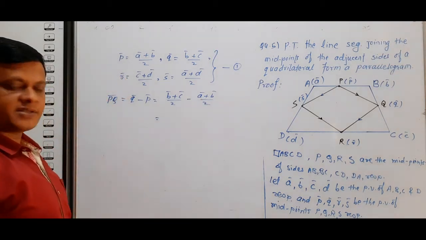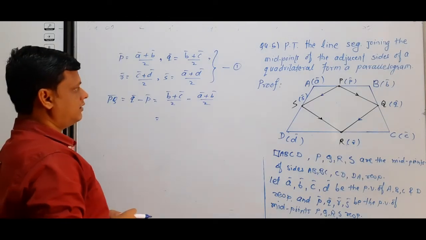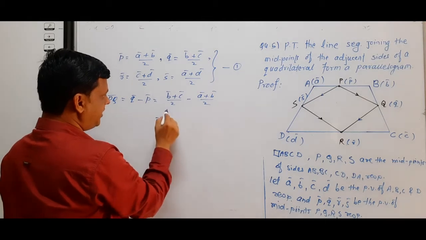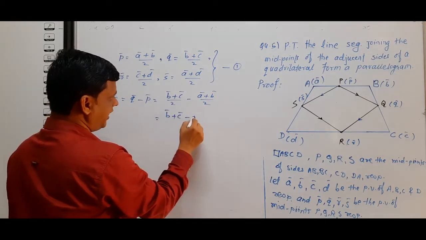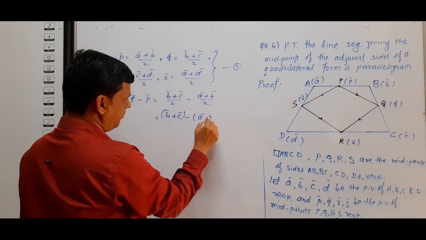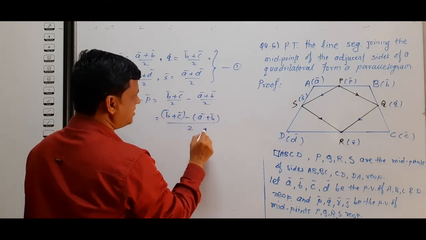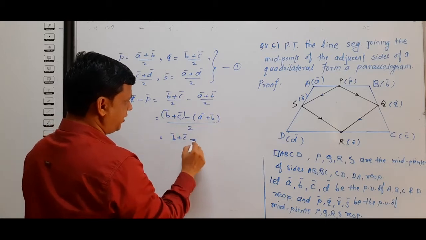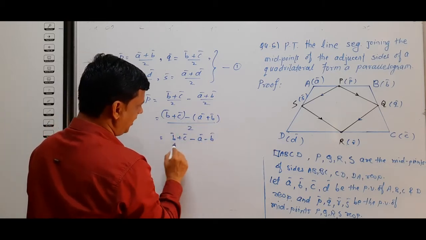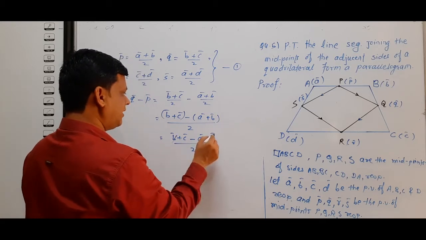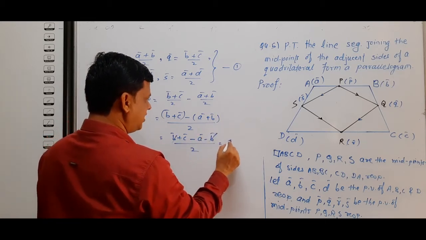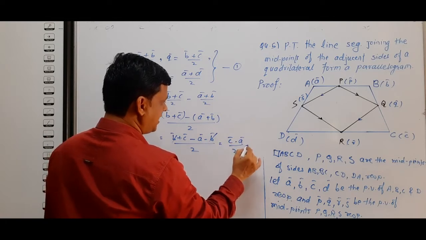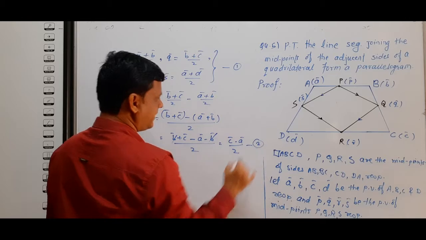Taking the base common, the numerator is B bar plus C bar minus A bar minus B bar, upon 2. So B bar minus B bar cancels, and we get C bar minus A bar upon 2. We denote this as equation number 2.